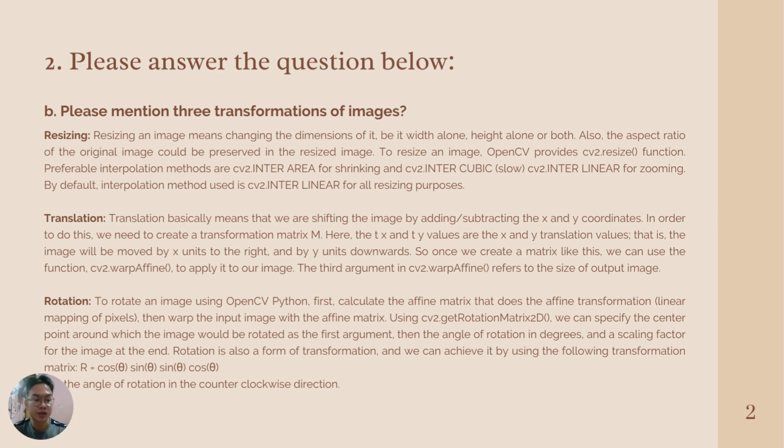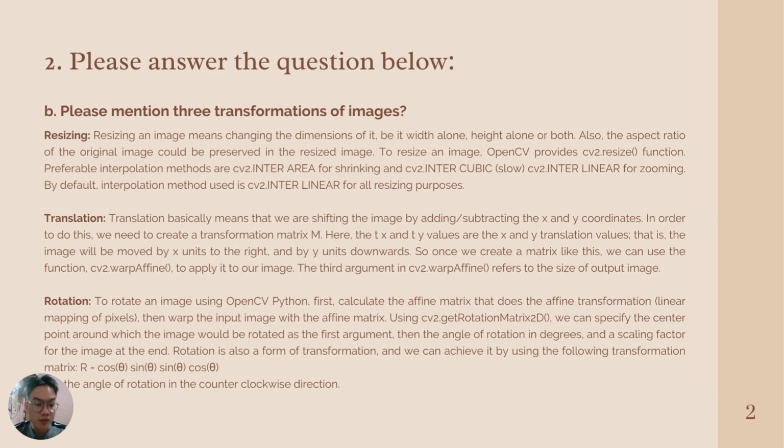The second one is translation. Translation basically means that we are shifting the image by adding or subtracting the x and y coordinates. In order to do this, we need to create a transformation matrix M. Here, the tx and ty values are the x translation and y translation values.